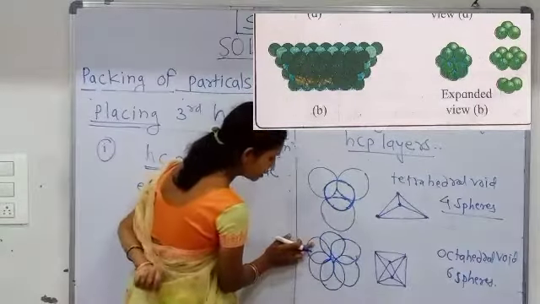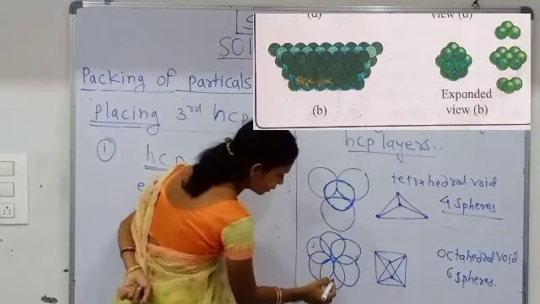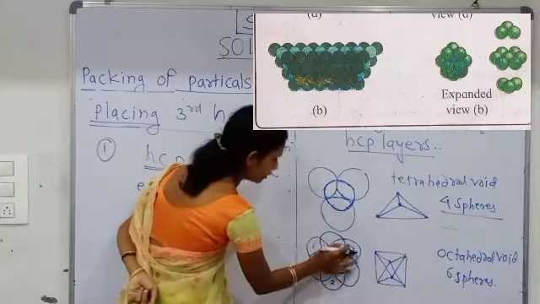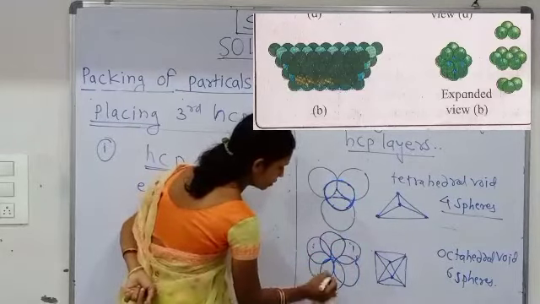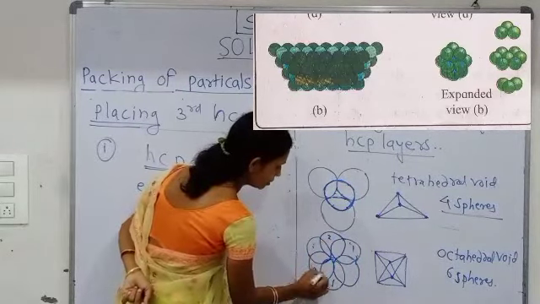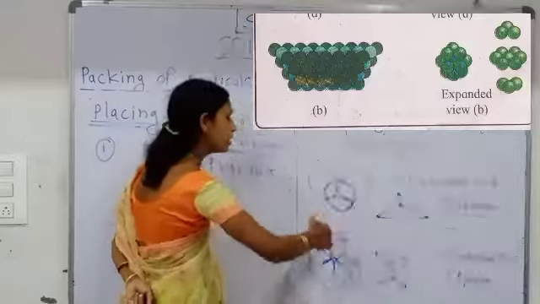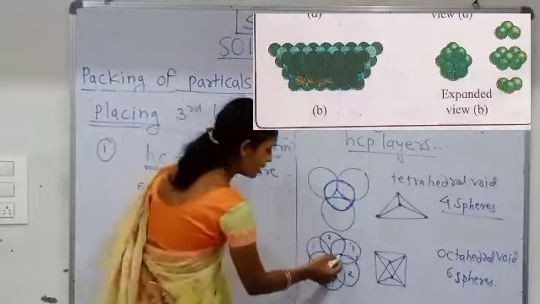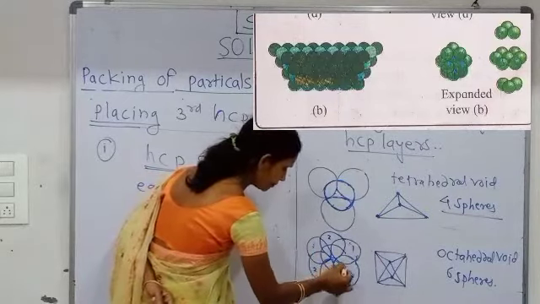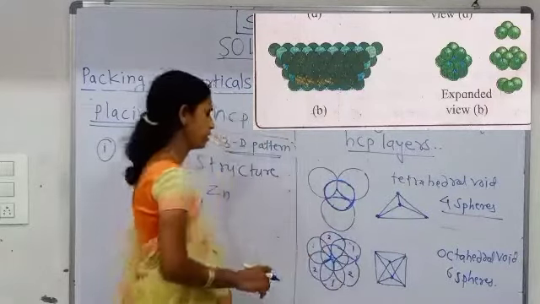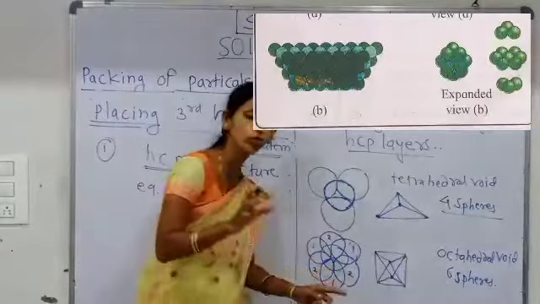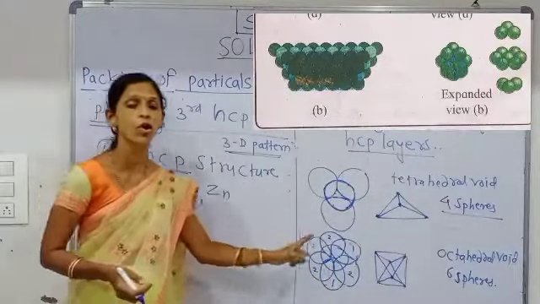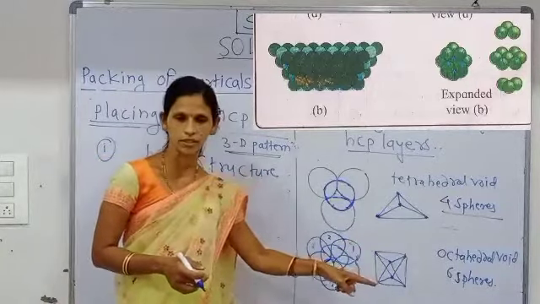That means, see here, those are the spheres of the first layer, those are the spheres in the second layer, and the spheres in the third HCP layer are arranged here such that they cover the octahedral voids.